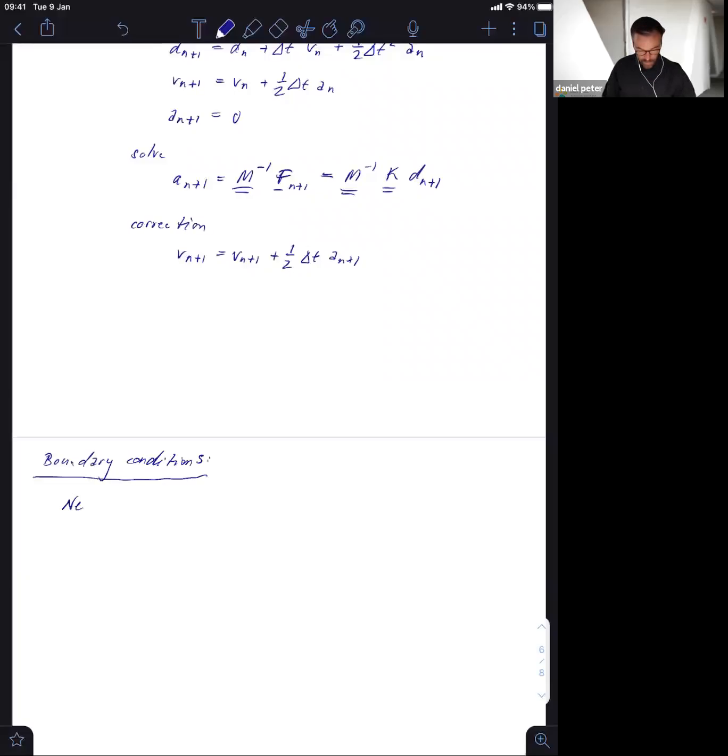So let's start with the Neumann boundary. So slightly simpler. So we have, let's say, the boundary at 0 and L, which will both vanish.